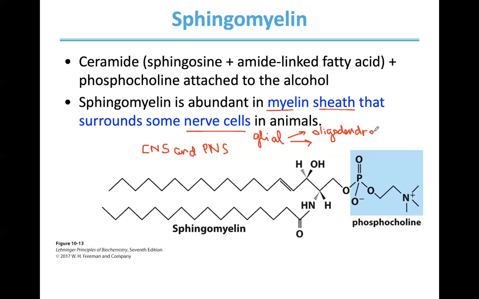Now, when you take anatomy or physiology, you should probably study this. Oligodendrocytes, and so these are glial cells.